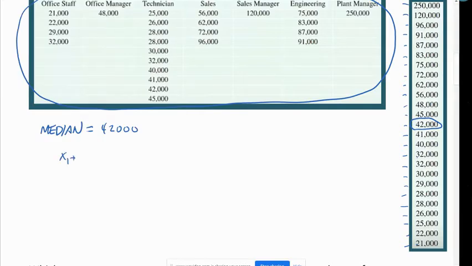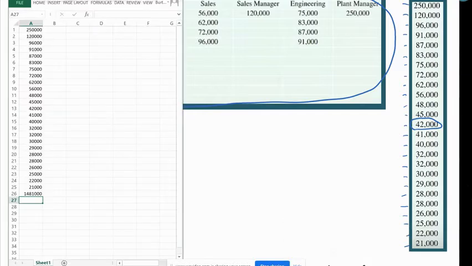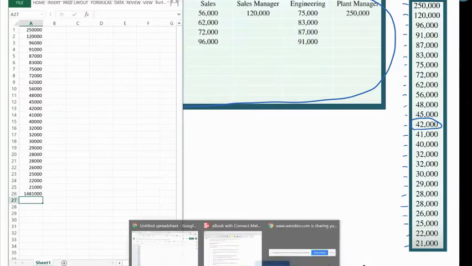So that's x1 plus x2 and so on all the way up to x25. We're going to divide by 25. That's going to give us mu, because this is the whole company. We didn't miss anybody, so this is a population mean. And that we said added up to 1,481,000.